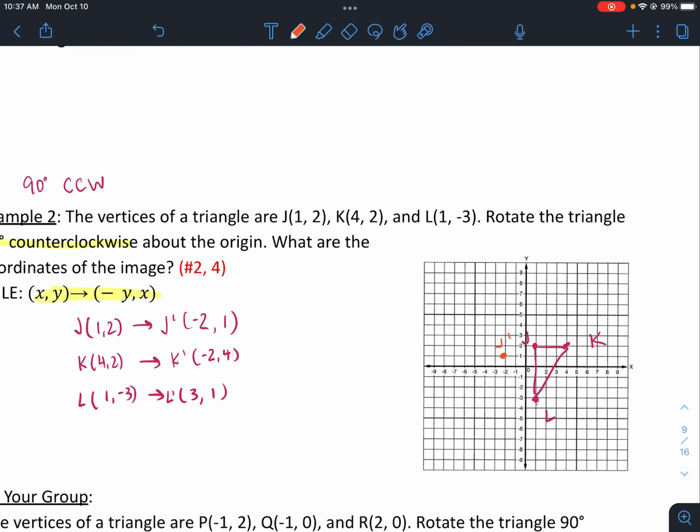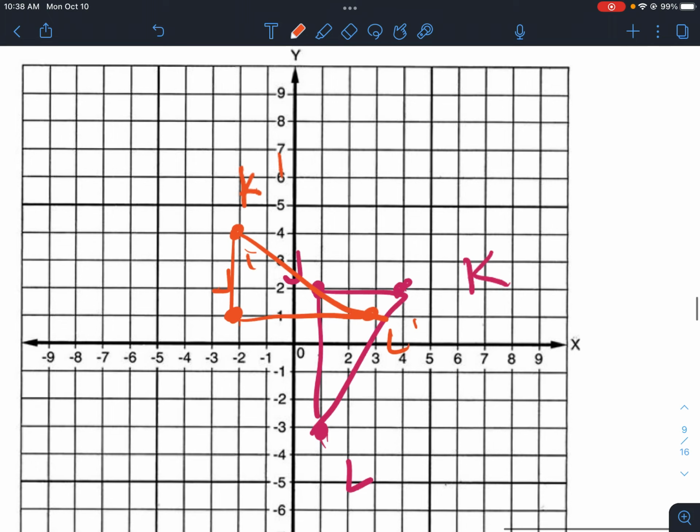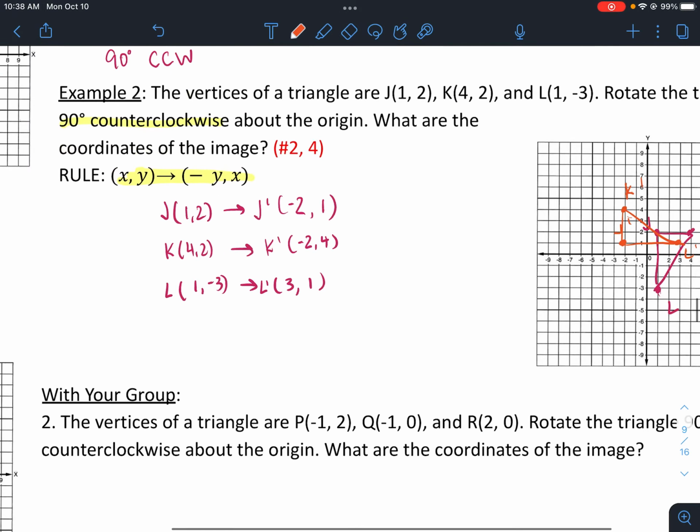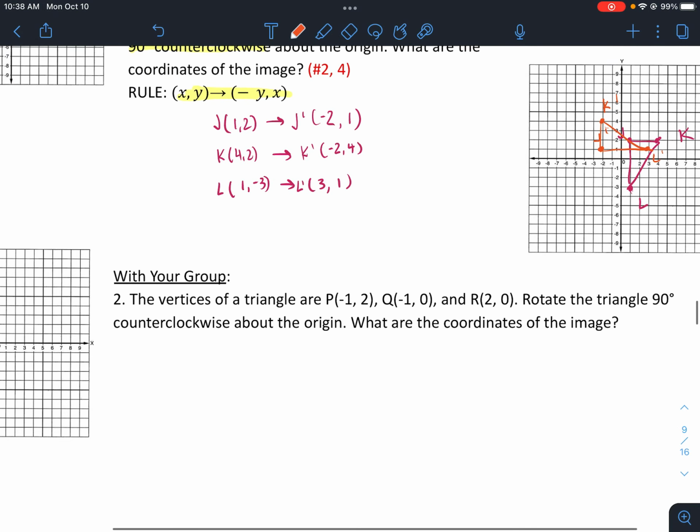Negative 2, 4 is K prime, and then 3, 1 is L prime. So here is my image. It looks like it's rotated 90 degrees. All right, so why don't you try this one on your own? Remember, 90 degrees counterclockwise, use the rule: (x, y) becomes (negative y, x).